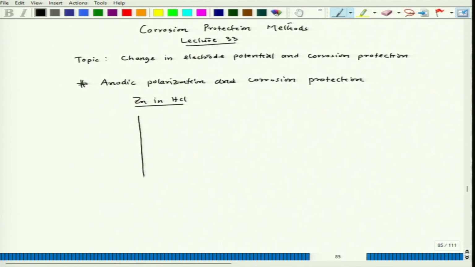If we look at the mixed potential theory, this is log I, let us say in ampere per centimeter square, and this is the voltage or potential. Let us consider this is at minus 0.76 volt, and this is 0 volt for the hydrogen evolution reaction. So this is I0 for hydrogen on the zinc surface.